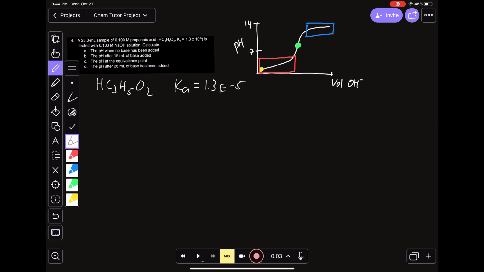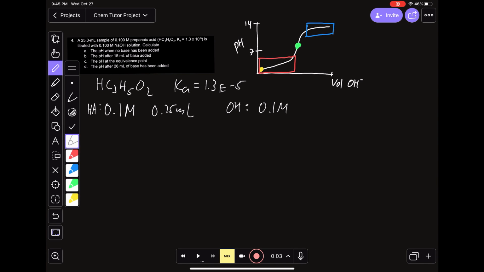We know that our acid has 0.1 molarity, starting off with 0.25 liters of solution. And then our base is also 0.1 molarity.